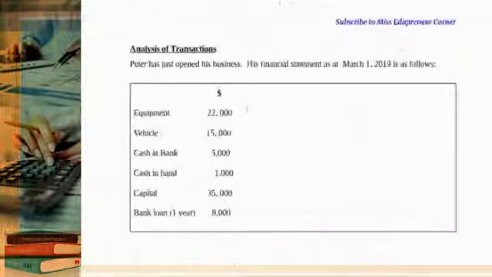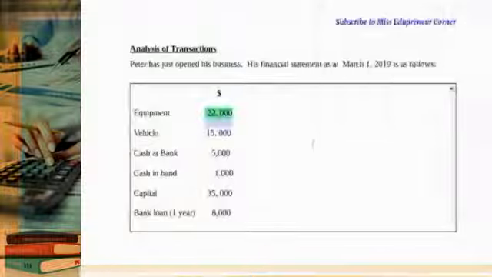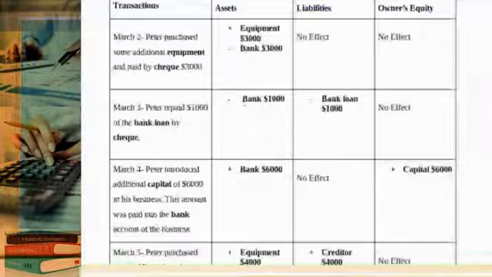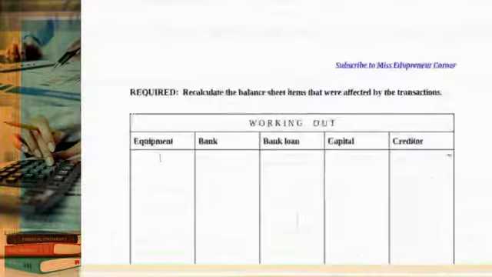And here we have it, $22,000. So this is what we're going to start off with. So we take that $22,000 and we bring it right here. So I'm going to put the original figures in red.